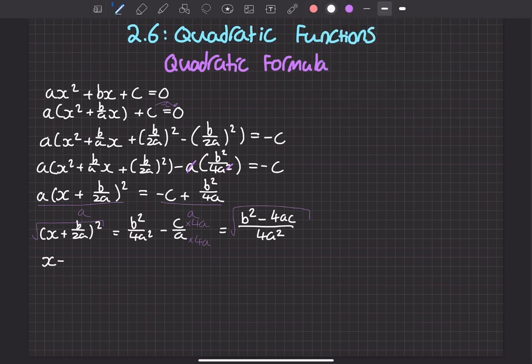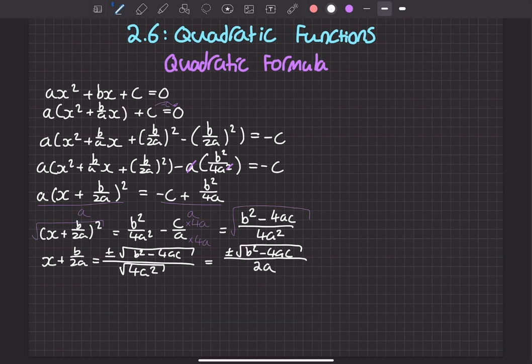So now we just have x plus b over 2a equals plus or minus, because the square root is always plus or minus, the square root of b squared minus 4ac over the square root of 4a squared. And we know that the square root of 4a squared is just 2a, right? Because 2a squared is 4a squared.